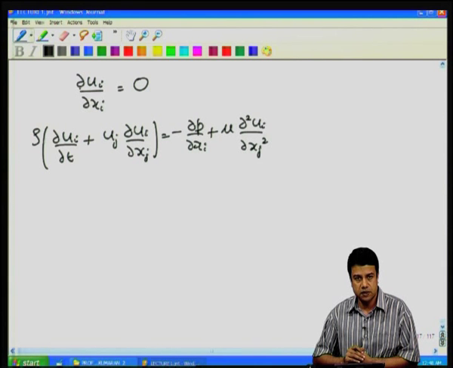So, these are the mass and momentum conservation equations, the Navier-Stokes equations.